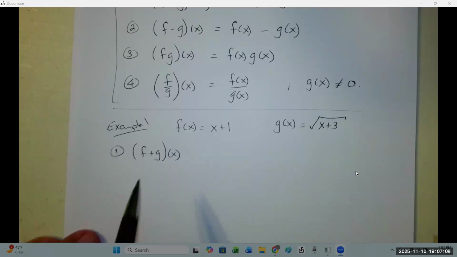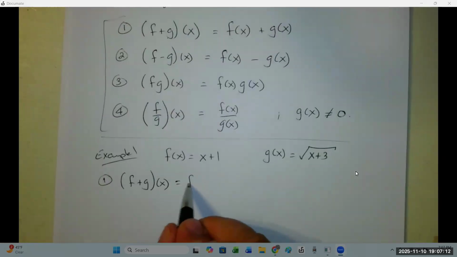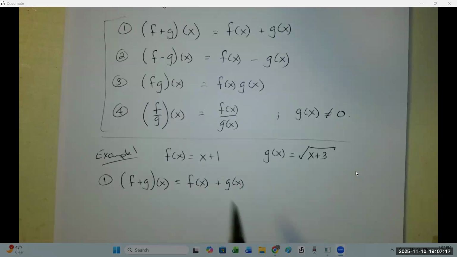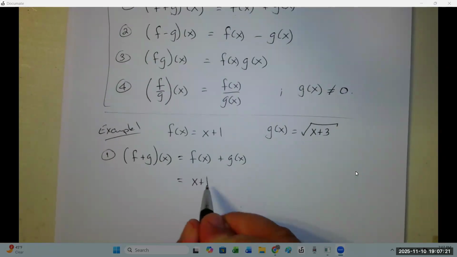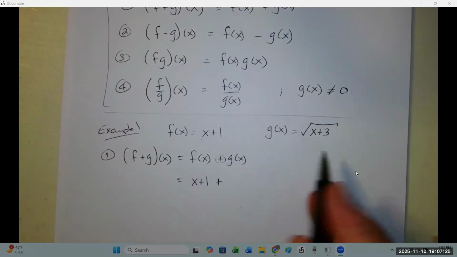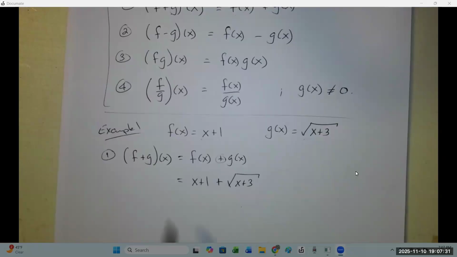What this one tells us is we can add the two functions together. f of x plus g of x. So we have x plus 1, that's f of x, plus the square root of x plus 3. And there's the answer. We can't combine anything from there. It's as far as it goes.